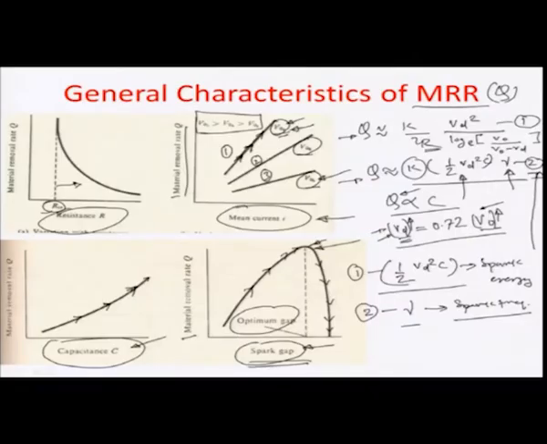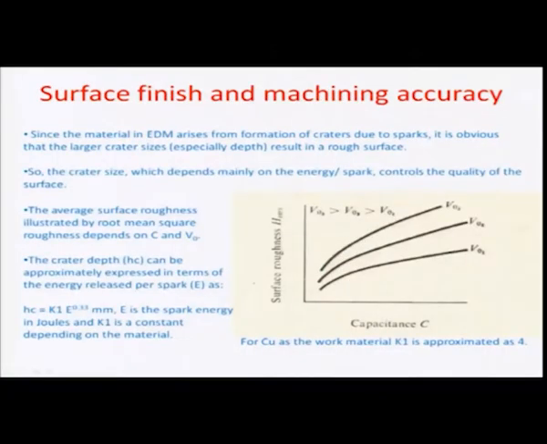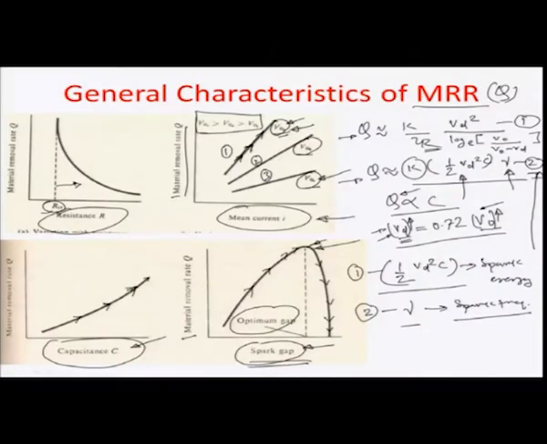The reason why the material removal rate with respect to the spark gap is like a plateauing curve, as illustrated in this particular diagram here, is that on the left portion of the optimum gap, that means on this particular portion, the frequency dominates because of lower gap, and on the right side of the optimum gap, the V d increases because of increased gap, and the energy dominates the frequency term.